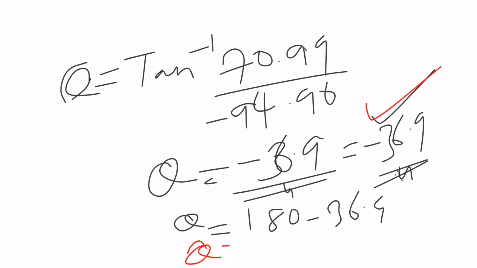So the final answer will give you 143.1. So that is the final answer. You have found the resultant vector and also the direction. So I say the direction, it is theta.